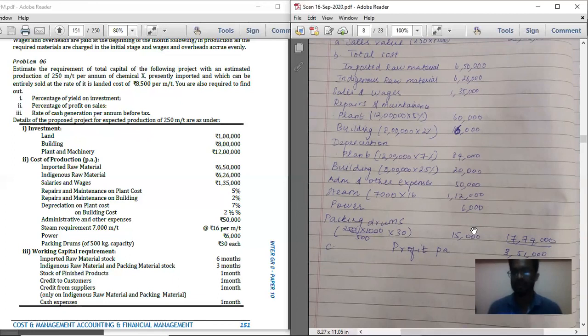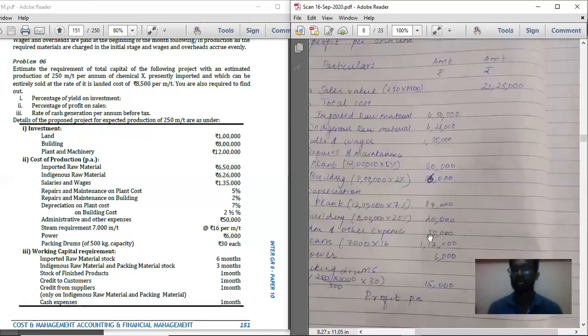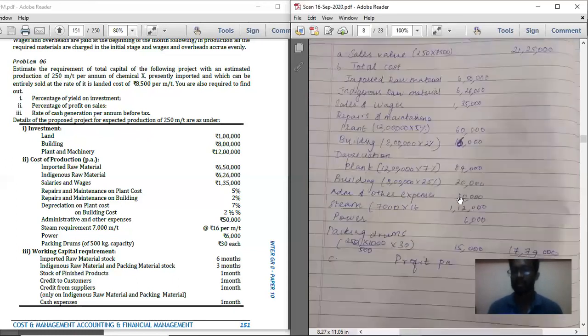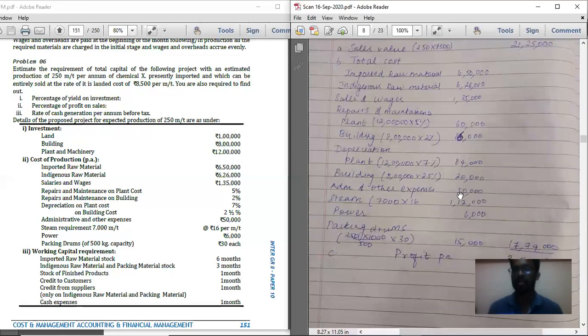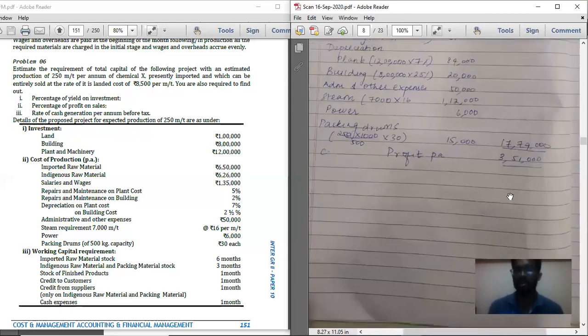Put 17,74,000 within bracket. So now below that total it, 21,25,000 minus 17,74,000. Now total it, 3,51,000.